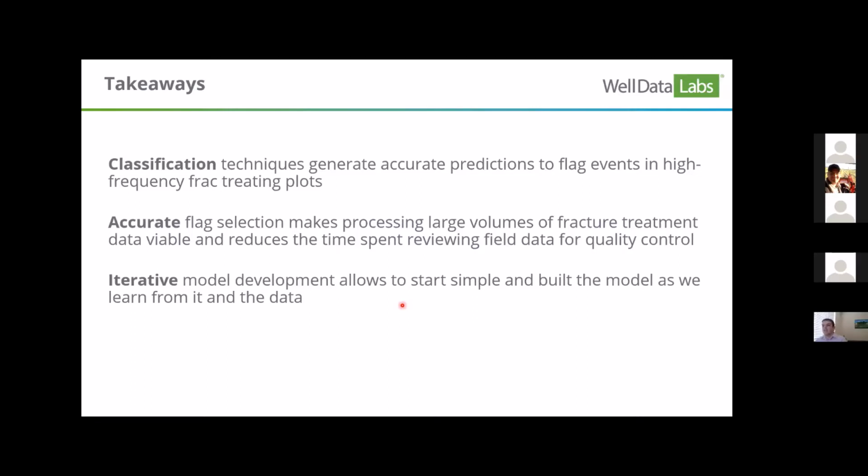The second one: accurate flag selection makes processing large volumes of fracture treatment data viable and reduces time spent reviewing field data for quality control. As I said before, the whole goal of these projects is to automate this event labeling and to bring consistency to the data for each operator.